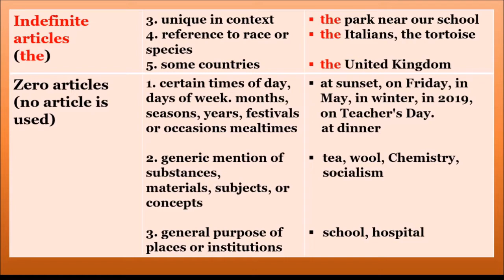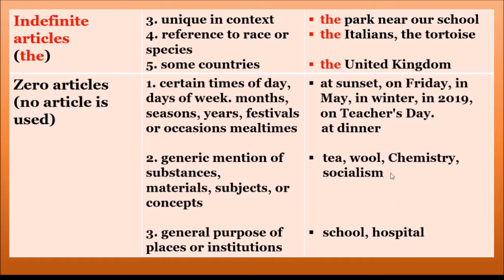And also some generic mentions of substances, materials, subjects and concepts. So chemistry is a subject, socialism is a concept, and wool is a material. For this also we will not use any article.